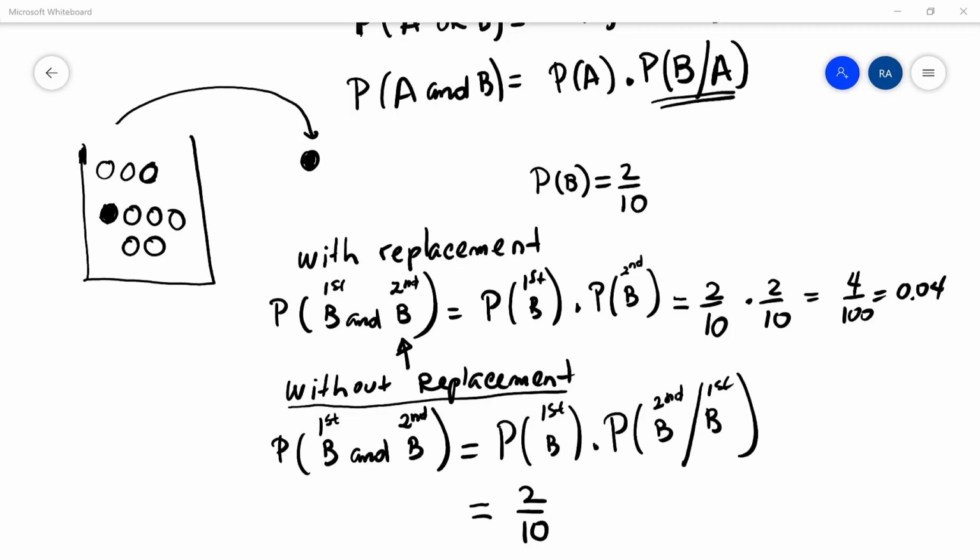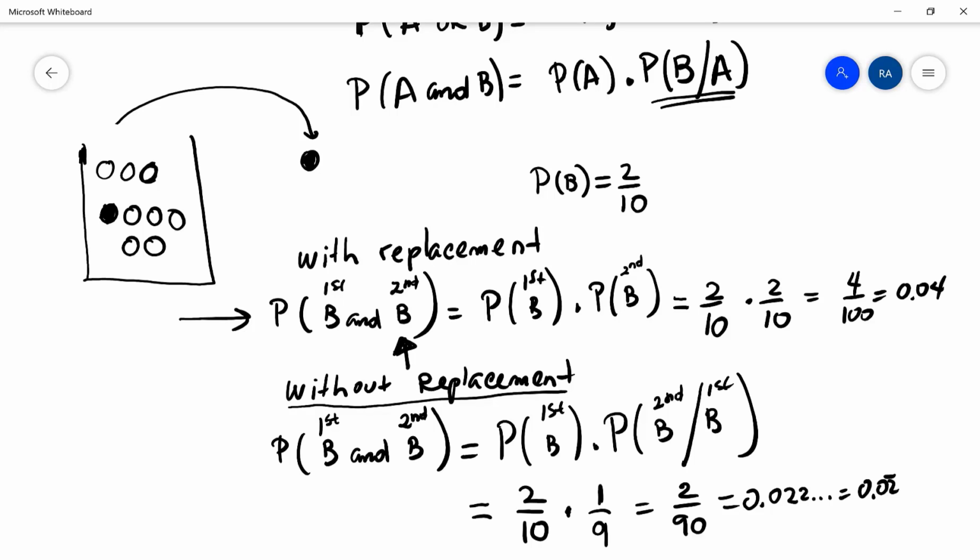We need to do adjustment in the sample space, and the probability now is 1 out of 9 balls. And we multiply these two probabilities, which is equal to 2 out of 90, which is equal to 0.02 repeated.